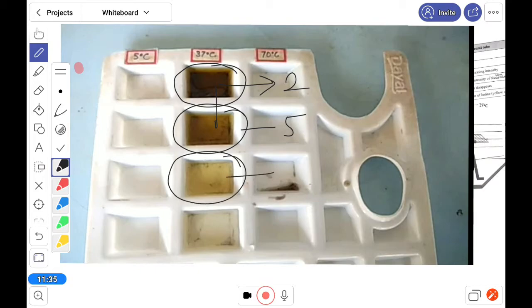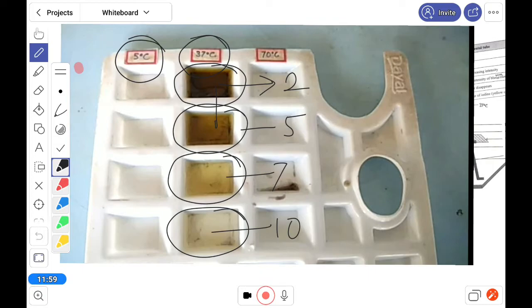Then after 7 minutes you get a lighter color, and after 10 minutes no black color is there. We dropped the same amount, the same drops, in every square, and here we are doing it at 37 degrees Celsius. This practical can also be done at 5 degrees and 70 degrees, that is also in your syllabus. So that is the way we have done it.